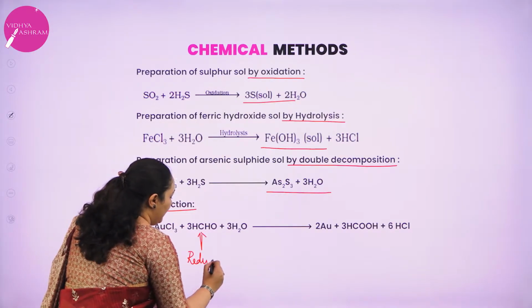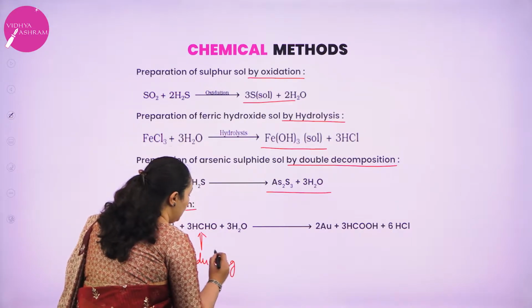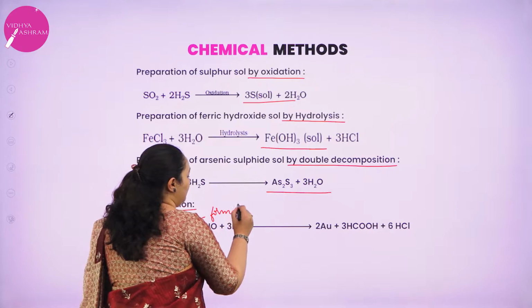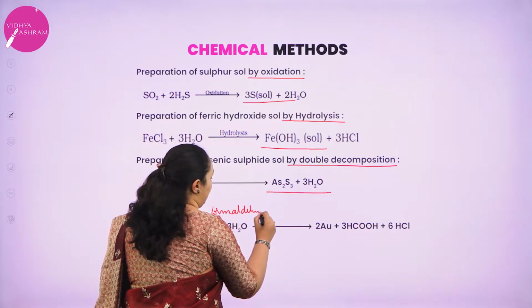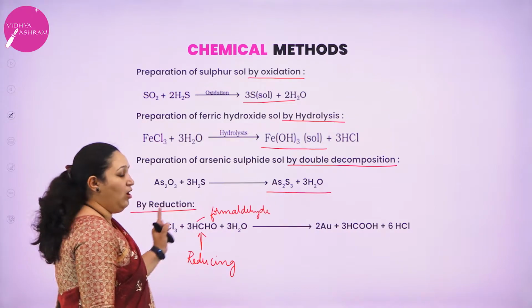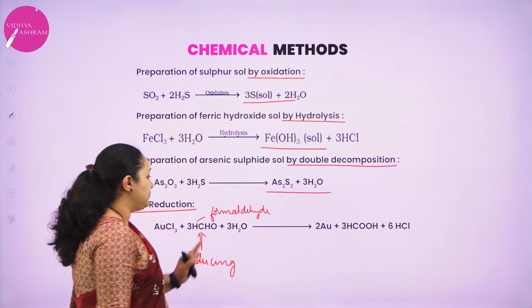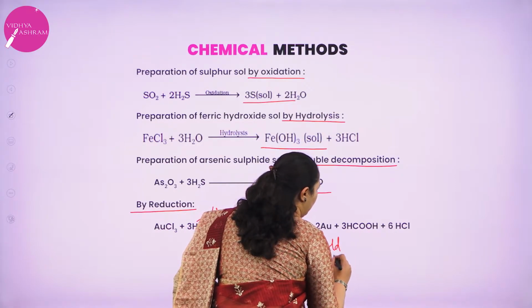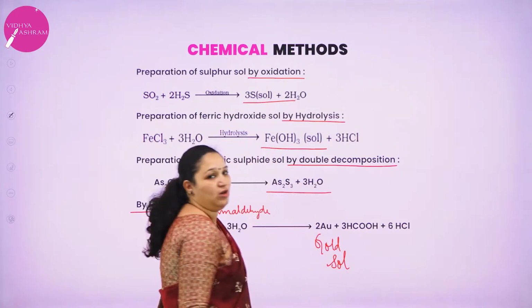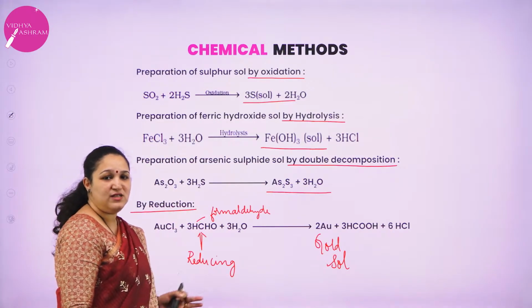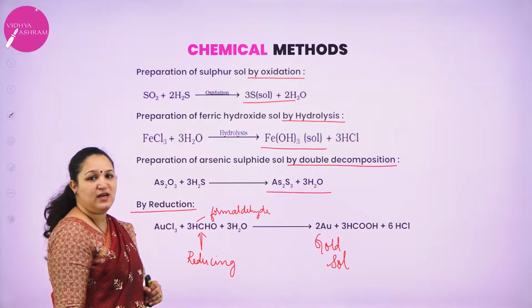This is the reducing agent, formaldehyde. So formaldehyde is added to auric chloride solution. You are going to get gold sol. So this is by reduction. Here the reaction which is happening is a reduction reaction.